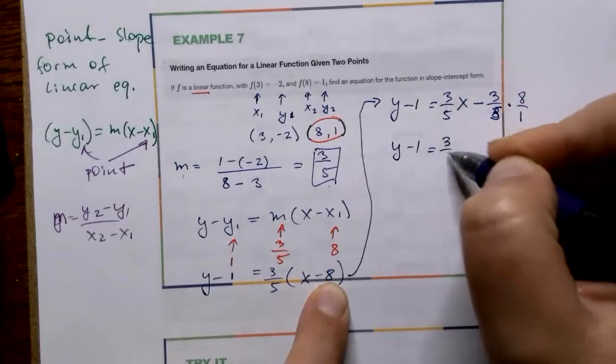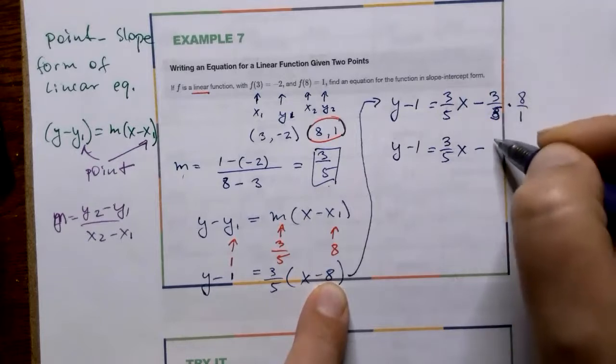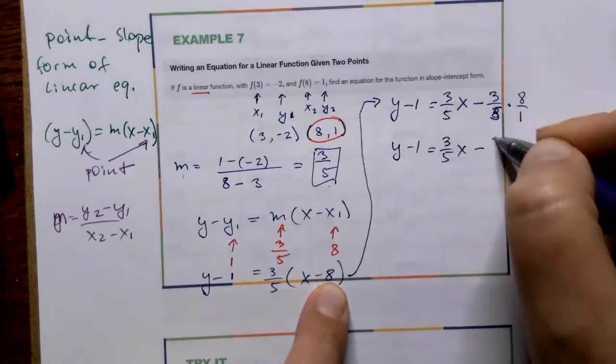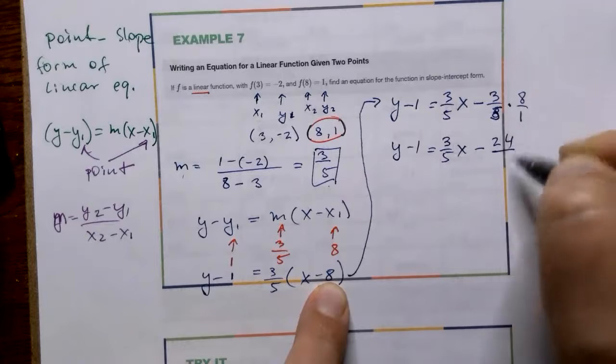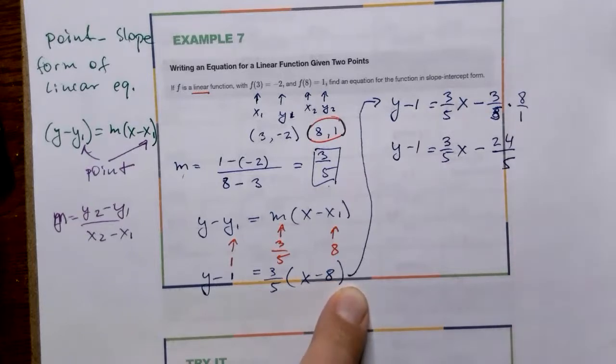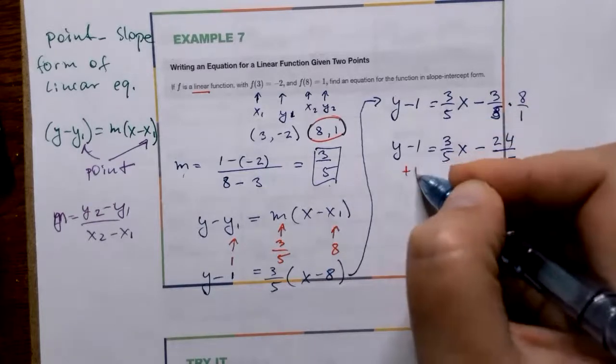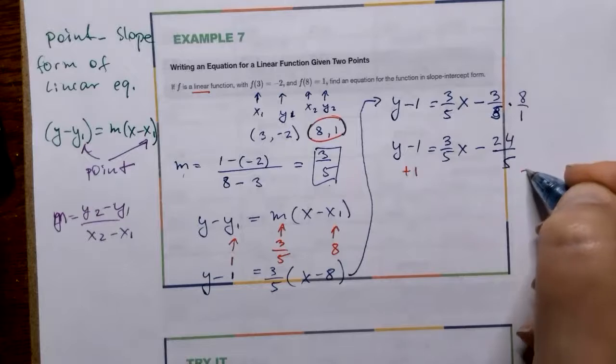Cleaning it up. 3/5 x minus 3 times 8, 24. 5 times 1 is 5. Okay, now I'm going to subtract, or rather add 1 to both sides.